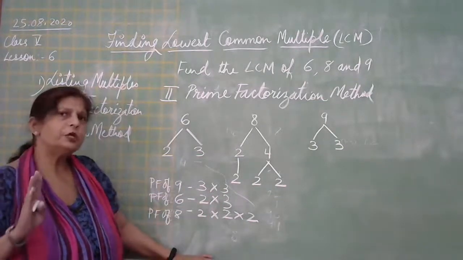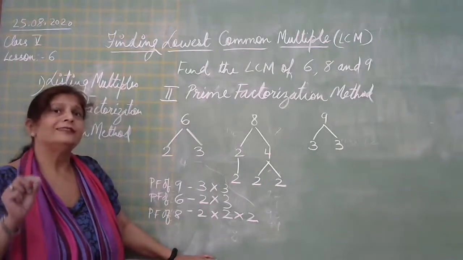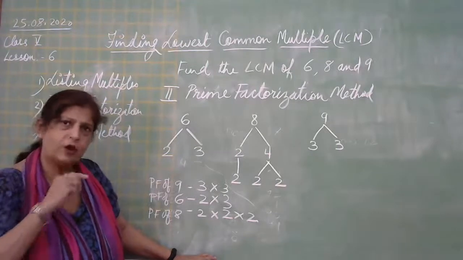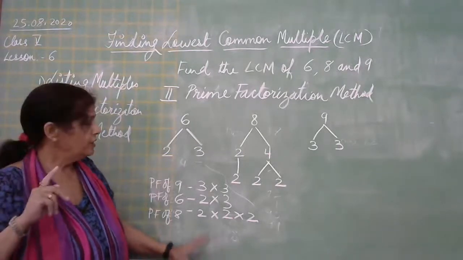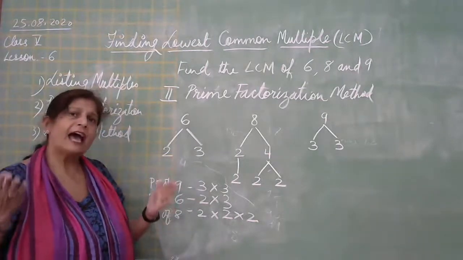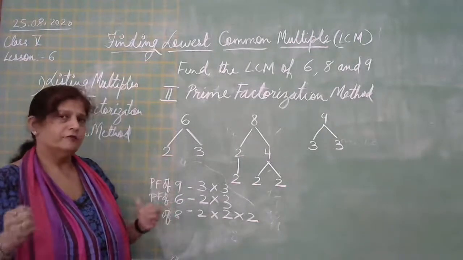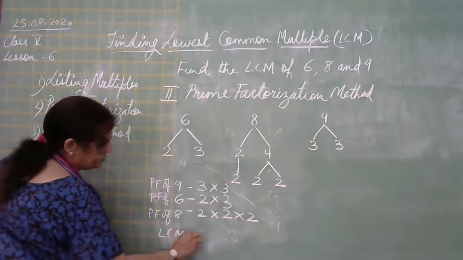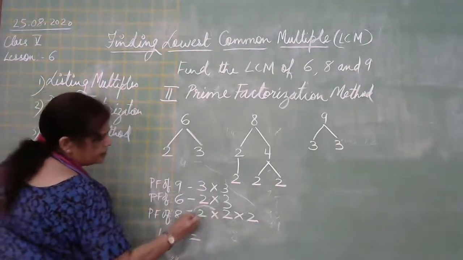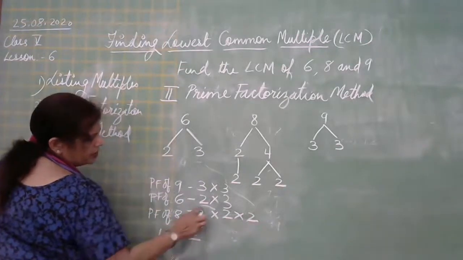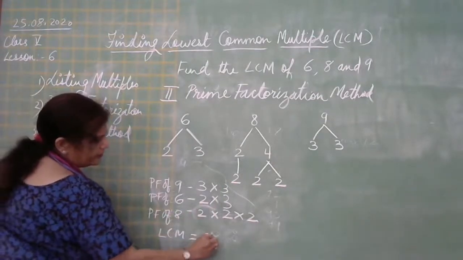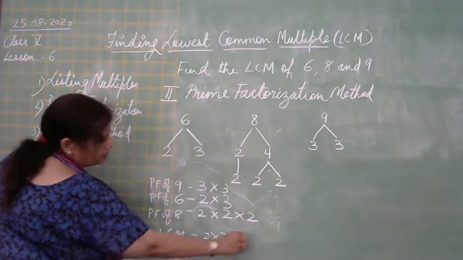So now you will see where we have maximum 2's, and we will take all the 2's. We see that in 8 we have maximum 2's. So we take the maximum 2's.